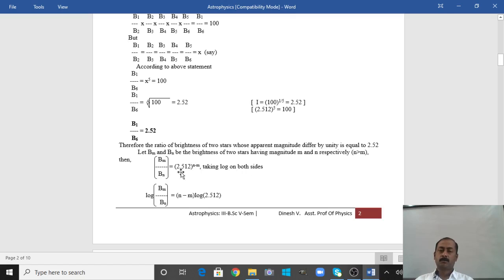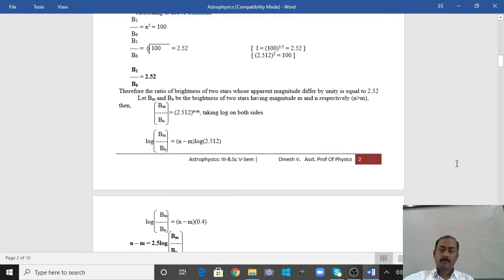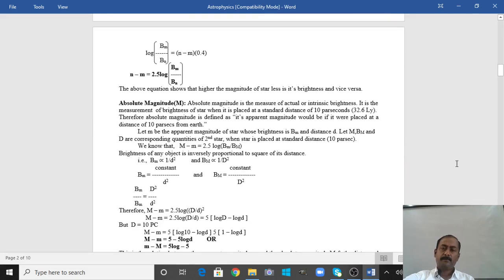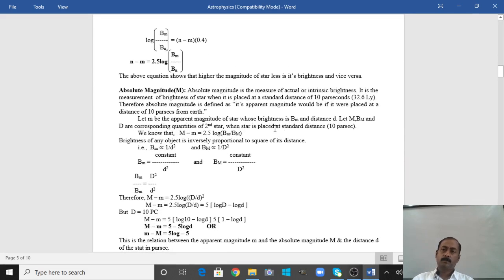Taking log on both sides of the above equation, we get log of Bm by Bn is equal to n minus m into log of 2.512. Here log of Bm by Bn is equal to n minus m into 0.4, since log of 2.512 is 0.4.